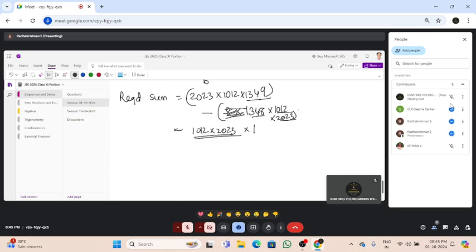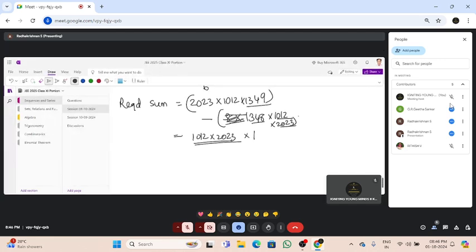Maybe. 2023 into 1012. So try to factorize.